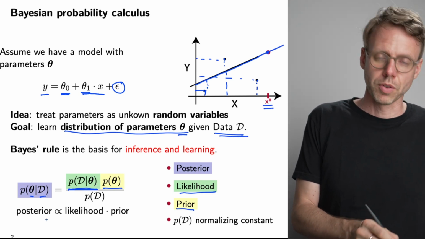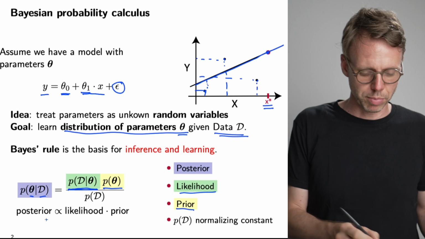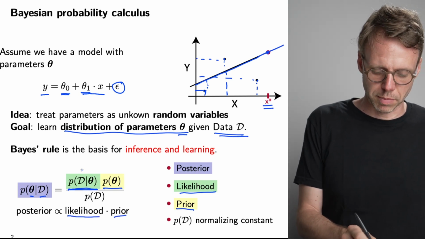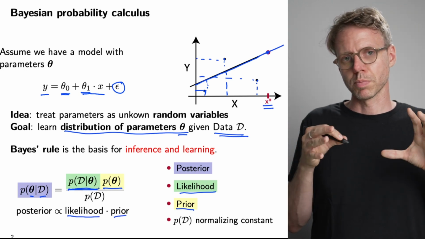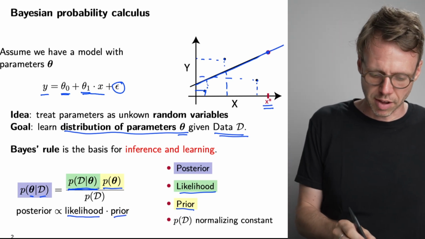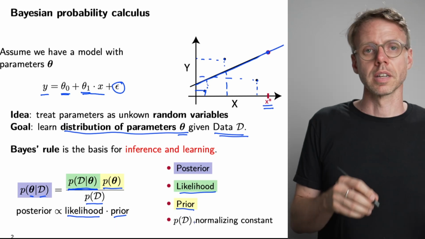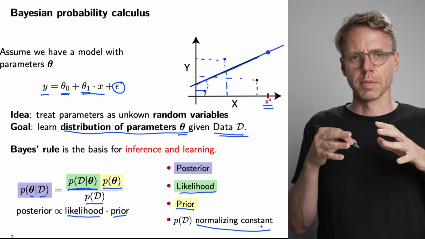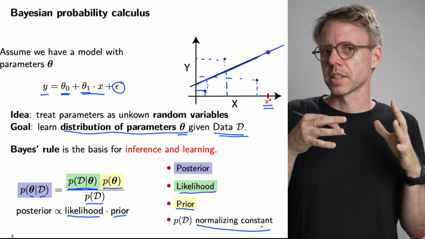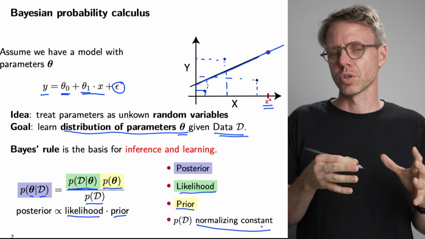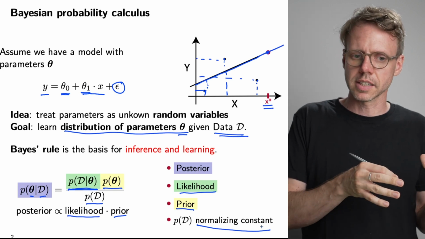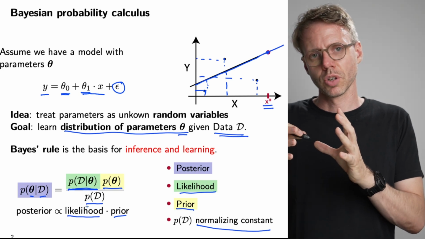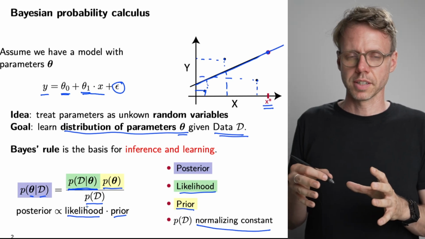Now to do full posterior inference, to compute the posterior distribution, we multiply the likelihood with the prior, but this product is not itself normalized, so we have to divide by the marginal distribution of the data, the so-called normalizing constant. The problem with the normalizing constant is that it's often expensive to compute. However, there are cases where we don't need to explicitly compute this normalizing constant.